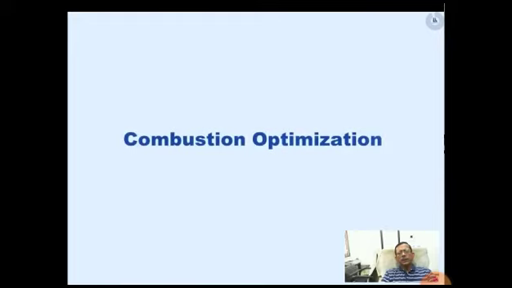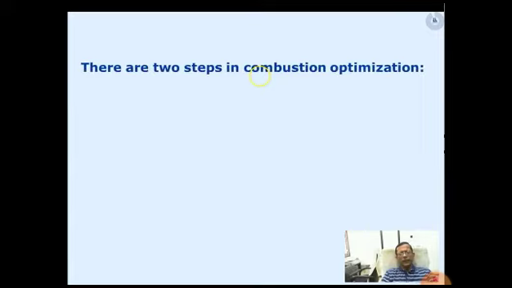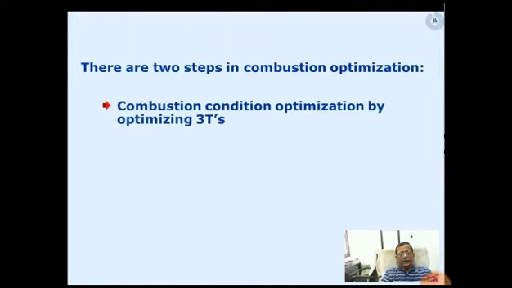Now, talking about combustion optimization, we need to understand that the approach has two distinct parts. The first part is optimizing the combustion condition, which is done by optimizing the 3Ts. After that, we think about optimizing the combustion air, that is the excess air control.